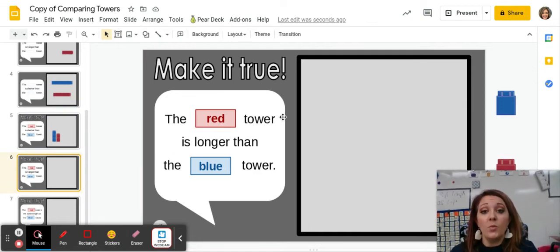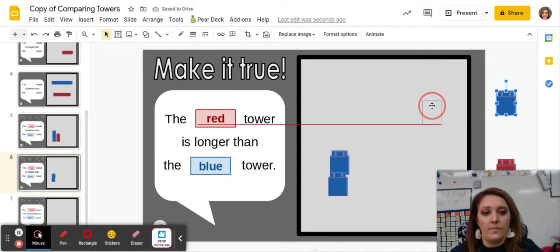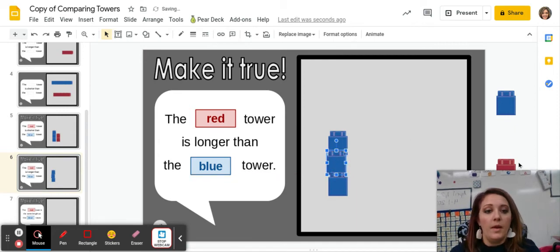This one says the red tower is longer or taller than the blue tower. So let me make my towers again. Here's my blue tower. Okay, and now let me make my red tower.